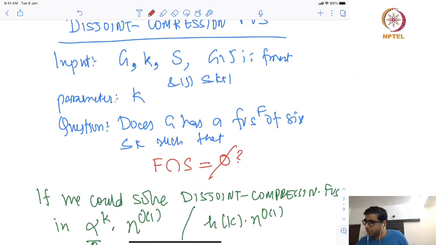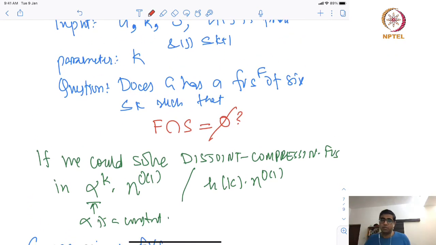Now look at the additional property: we are not looking for just any solution, but you have reduced your problem to instances where you are looking for a solution which is disjoint from a given solution. When you have this property, you suddenly get so much more structure, because you are looking for two disjoint solutions in some sense, with one given to you.